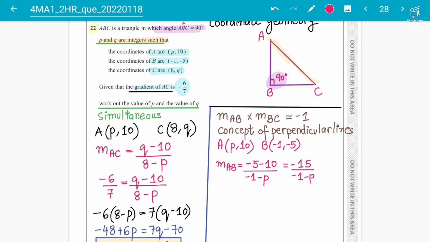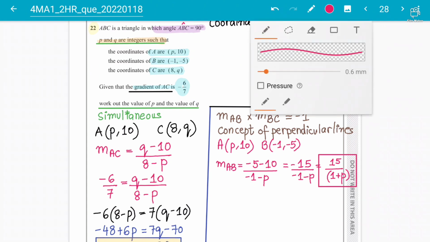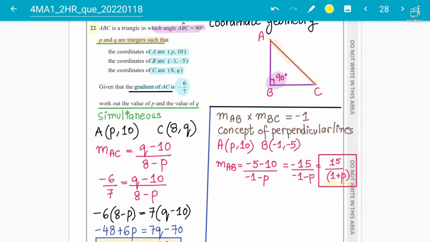So you can take minus common, and it will be 1 plus p. The minus will cancel out, and it will become -15 upon 1 plus p, okay, students? So that is one of the gradients. Hope everyone got how to take the common. Just take negative common from the numerator as well as the denominator, and they both will cancel out.